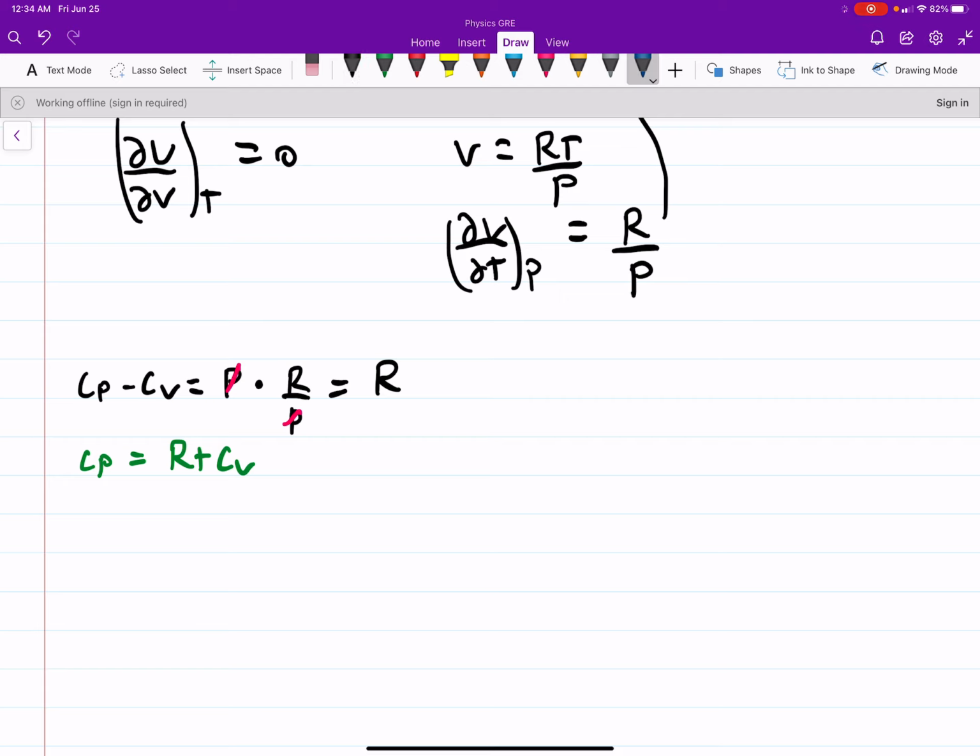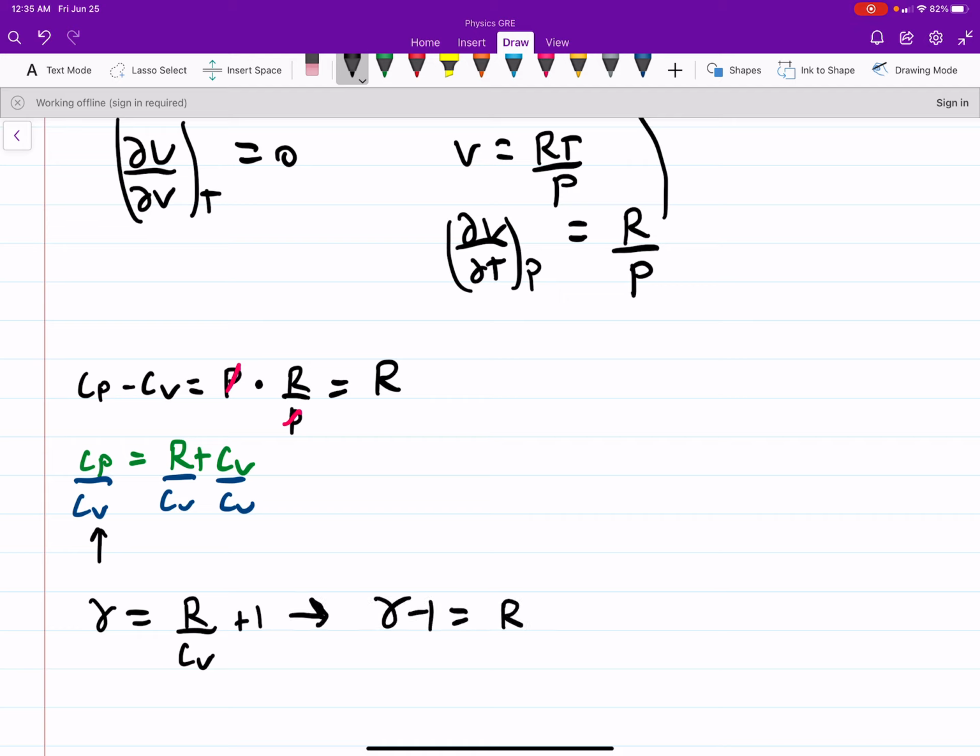Now we can divide everything by Cv. This is the definition of gamma. And then we're going to have just R over Cv plus 1. Okay. So gamma minus 1 is R over Cv.